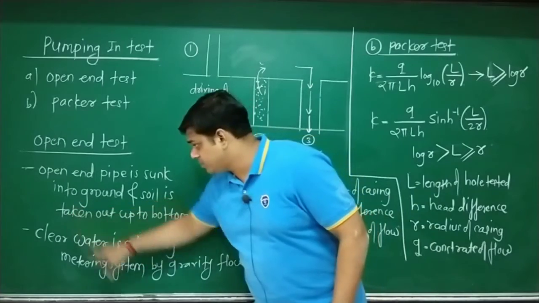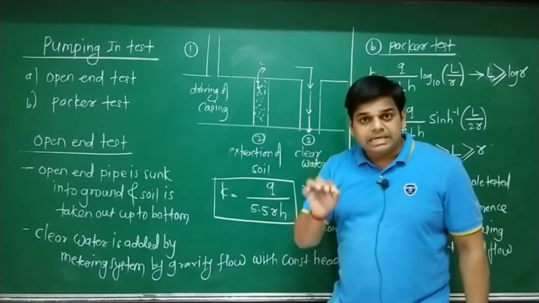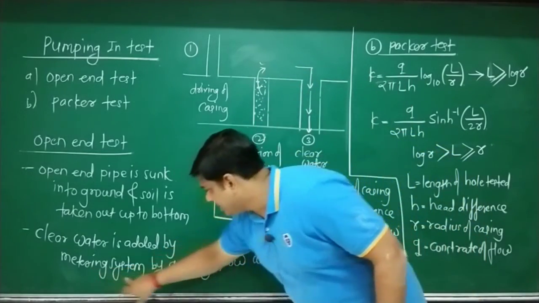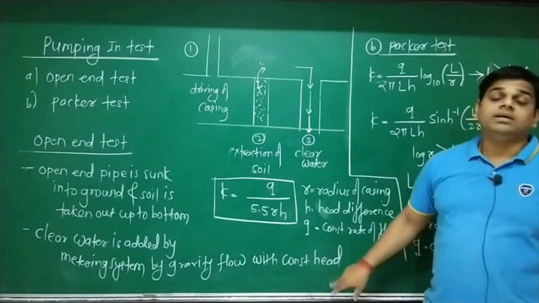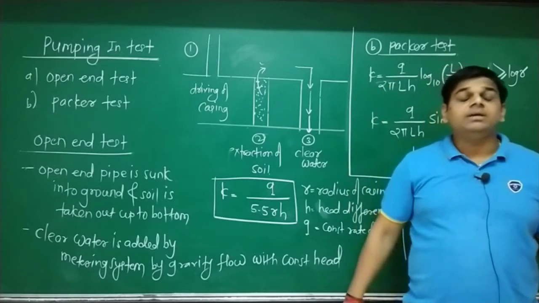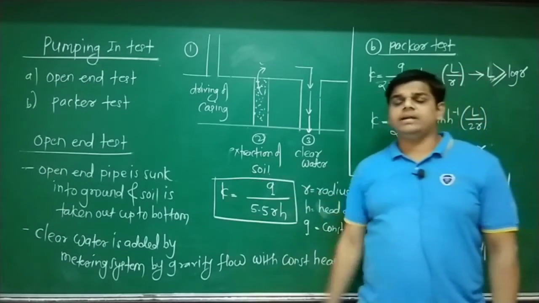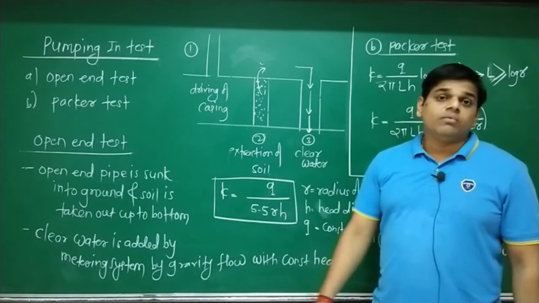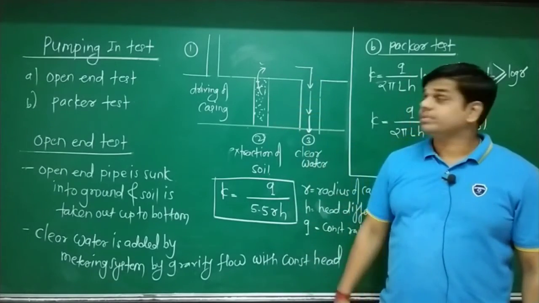So most important point over here, clear water is passed or added by metering system by gravity flow with constant head. The flow is under gravity, and the flow should be maintained at a constant head. That is very, very important. We have to maintain head constant when water is going to percolate from top to bottom.